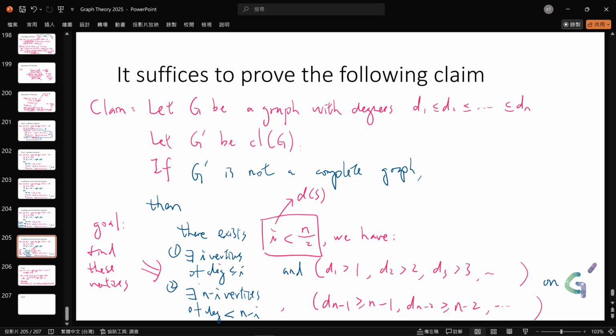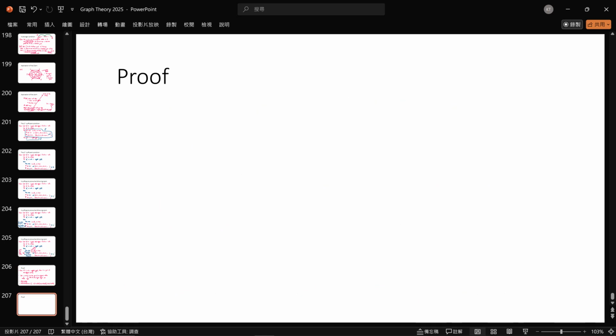Next we have to find these two sets, and we start from the first one. We want to find this many vertices such that their degrees are at most I. Let me first draw a picture. This is S and this is L. They are not adjacent. L has a large degree and S has a smaller degree.